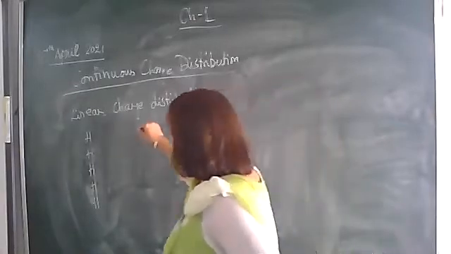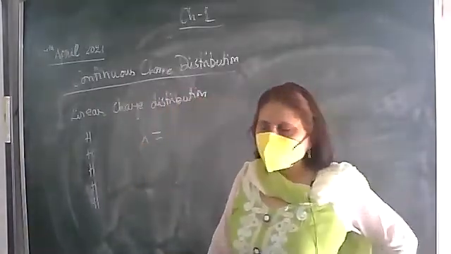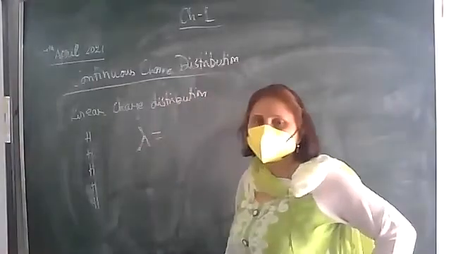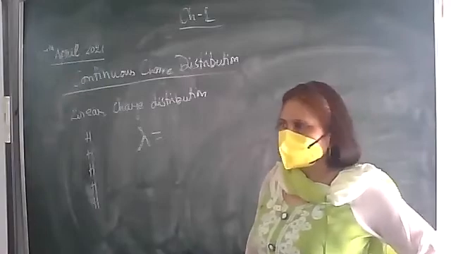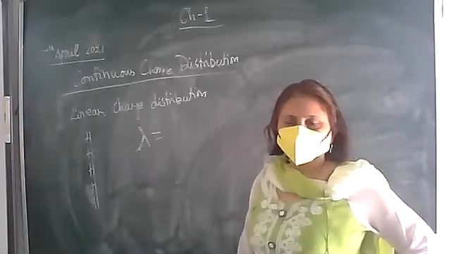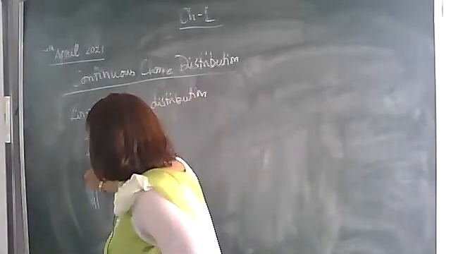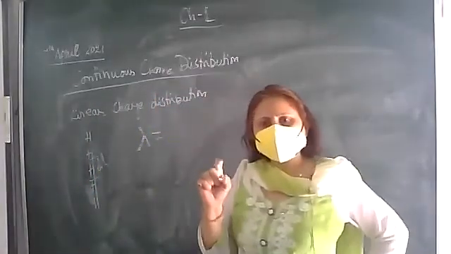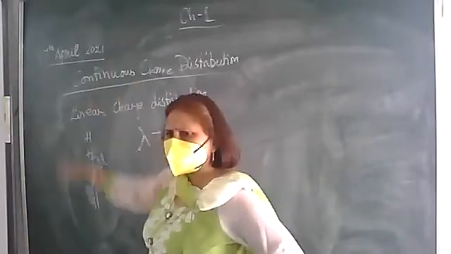Write down its linear charge density. Its linear charge density is given by: let us consider a small length dl, because this may be infinitely long.